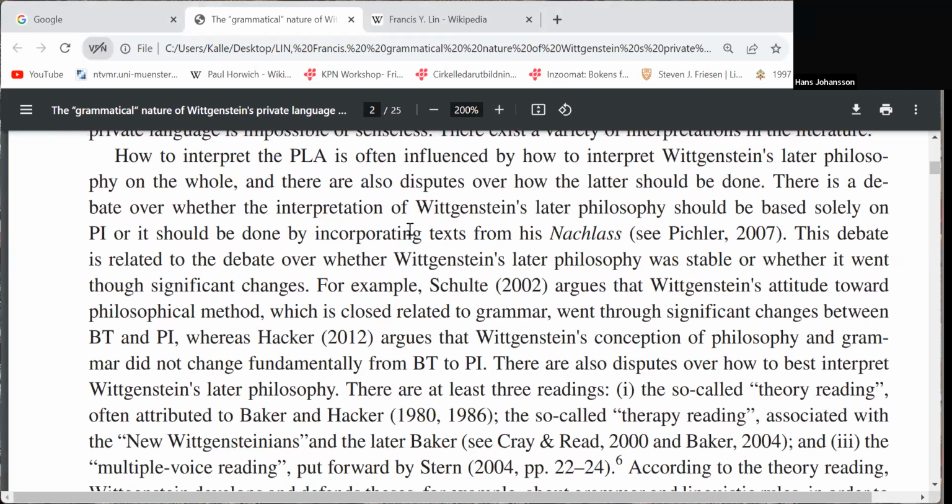How to interpret the PLA is often influenced by how to interpret Wittgenstein's later philosophy on the whole. And there are also disputes over how the latter should be done.